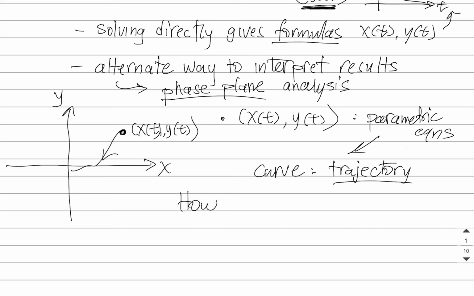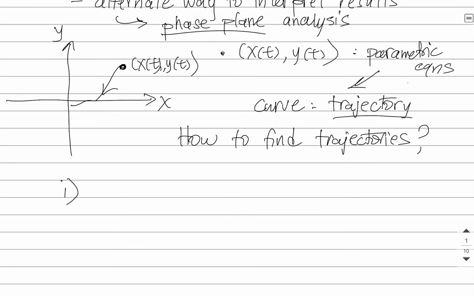And what we are after are the trajectories for our particular system. And so we would really love to know, how can we find trajectories? There are lots of different ways. Now, one we could find directly from the x of t and y of t formulas.